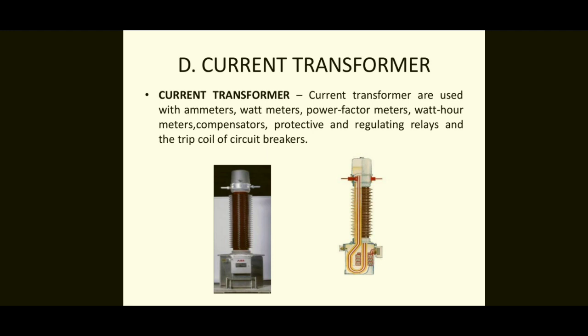Transformers are of two types: one is current transformer and another one is potential transformer.